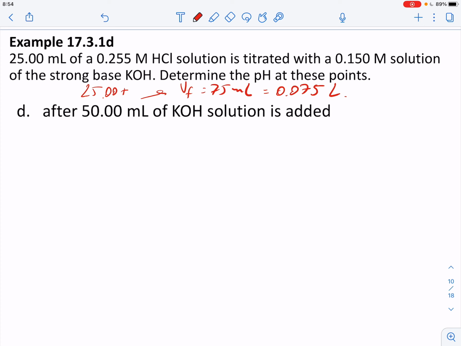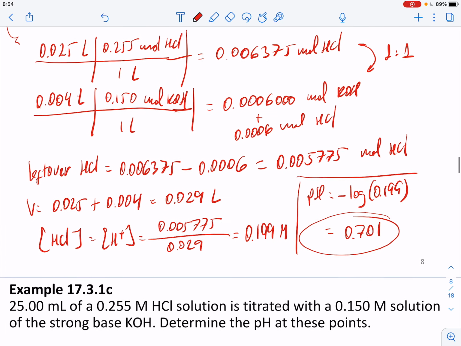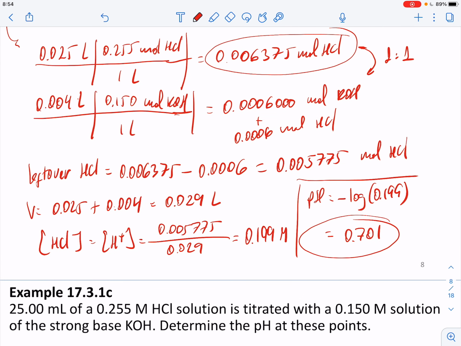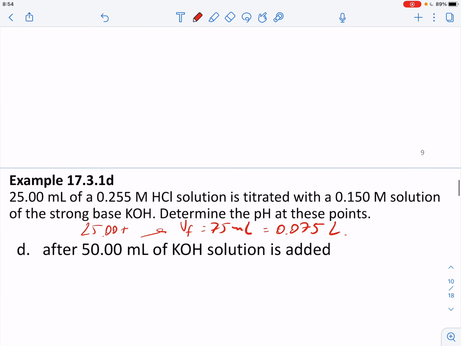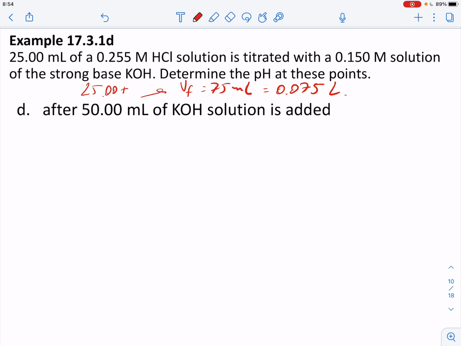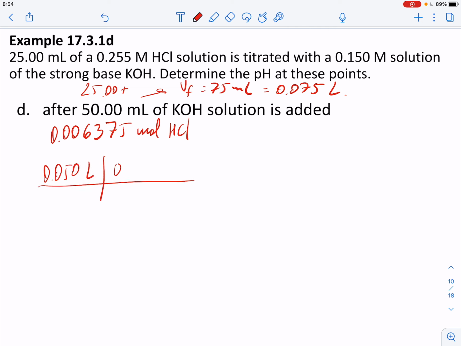Same thing, we already know based on the previous calculation that we have 0.006375 moles of HCl to begin with. So let's calculate how many moles of KOH we have added. So 0.050 liters times 0.150 moles of KOH per liter, this is equal to 0.0075.